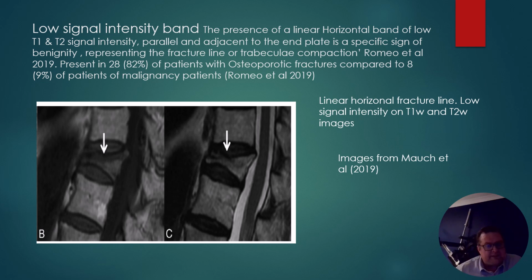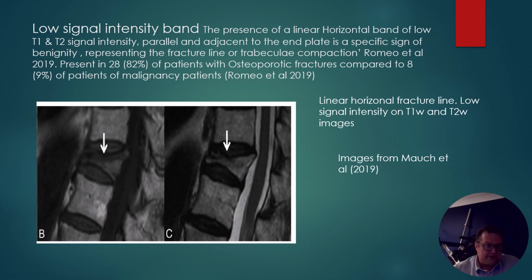This is quite a specific sign of benign findings, and it's thought to be the fracture line or trabecular compaction. The reference here, Romeo and colleagues in 2019, found that about 82% of patients with osteoporotic fractures had this low signal intensity band.